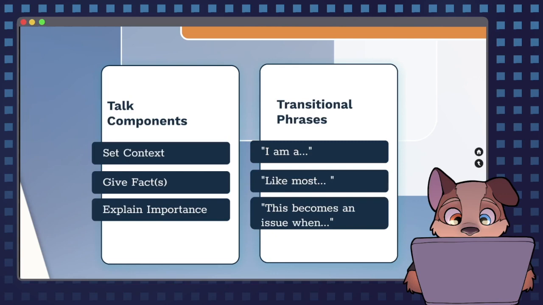So to set the context, a transitional phrase I like to use is "I am a," because ideally the problem space expert is the person that has the problem, so it gives you some context. To give facts, "like most." There are other transitional phrases, but that one worked well in this setting. And then finally, this transitional phrase: "this becomes an issue when."